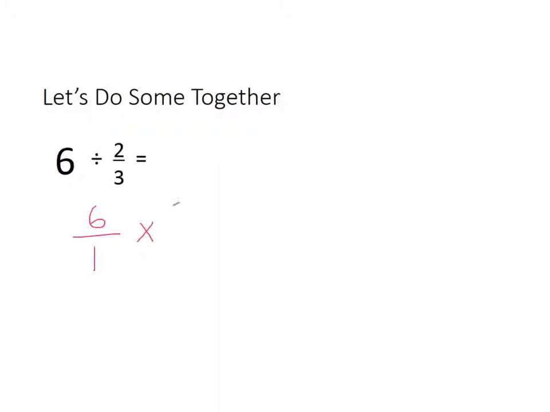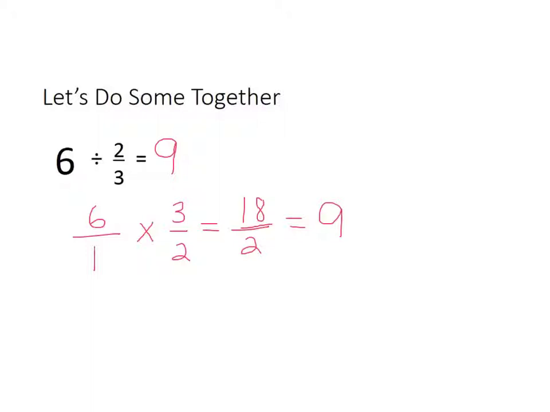So instead of 2/3, we would write 3/2. Then you multiply. 6 times 3 is 18. 1 times 2 is 2. Then you reduce. 18 halves can also be written as 18 divided by 2, which is 9. So 6 divided by 2/3 would be 9.